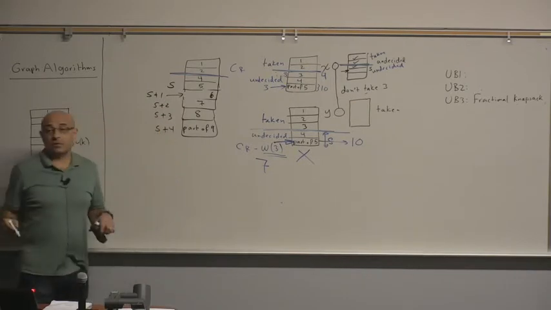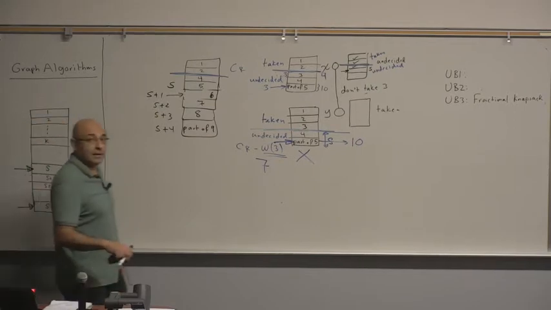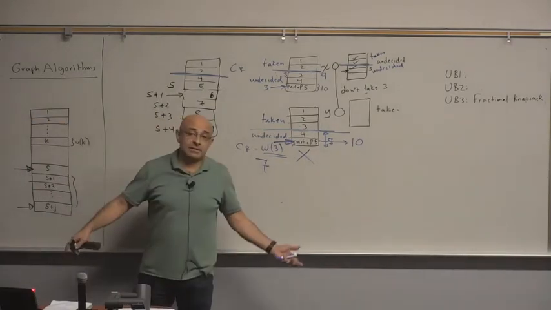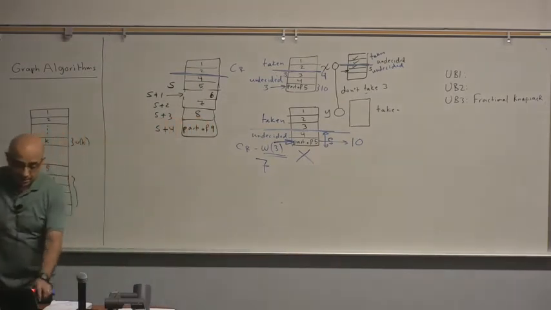So now j is 4. Okay? So in general, the value of j can be anything between 0 and the difference between s and n. Right? Because s plus j cannot exceed n. There are only n items.